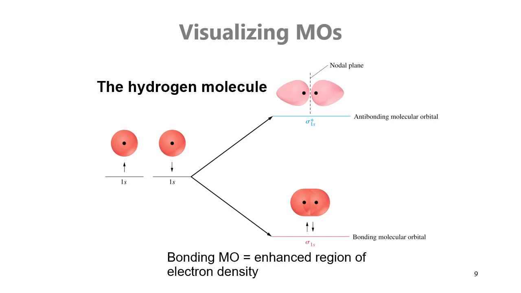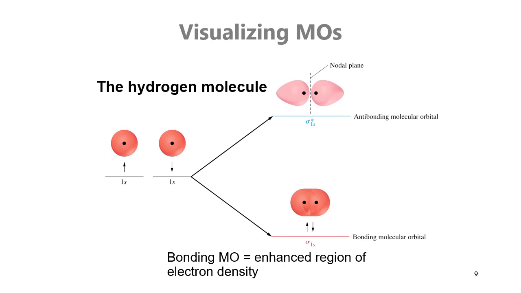MOT is applicable for a diatomic molecule, for example, H2, or hydrogen here. So two H atoms with one s and one s orbital can have a bonding MO, which is an enhanced region of electron density, and an anti-bonding MO.